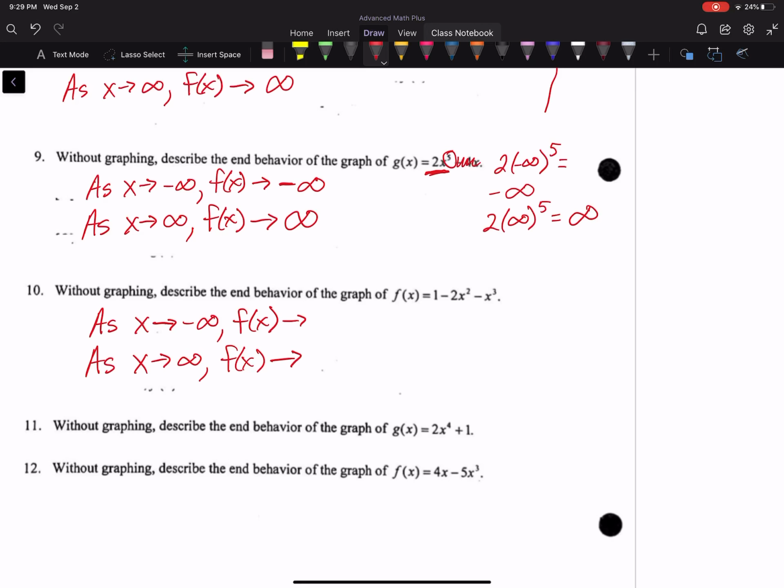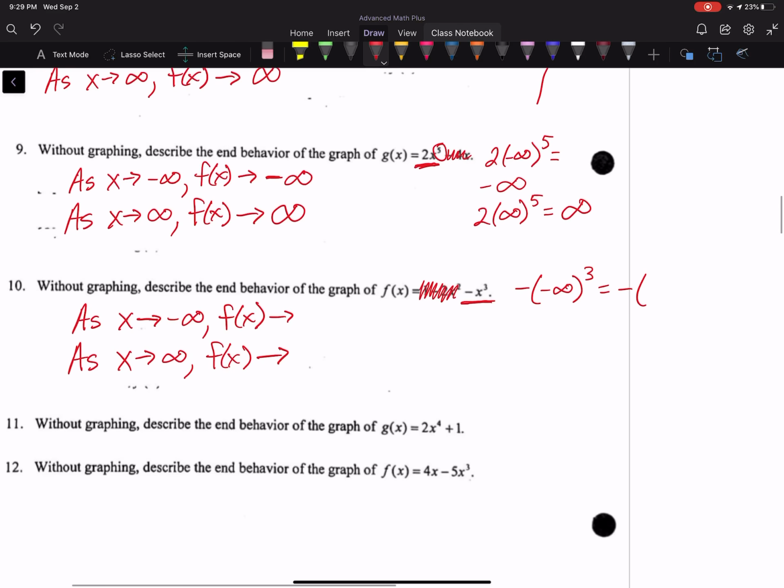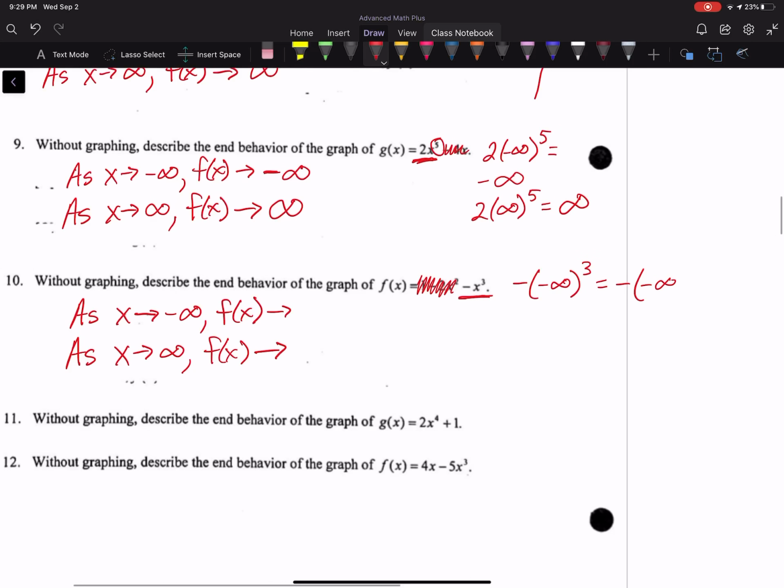So here we go, plugging in. The one with the biggest exponent would be your negative x cubed here, so don't worry about the rest of it. You're just plugging in this part. So if I plug in negative infinity, negative times negative infinity cubed, that will equal negative times negative, and a negative to a cube stays negative.